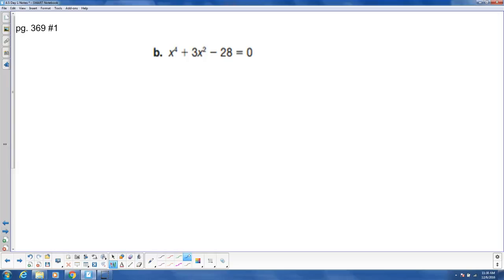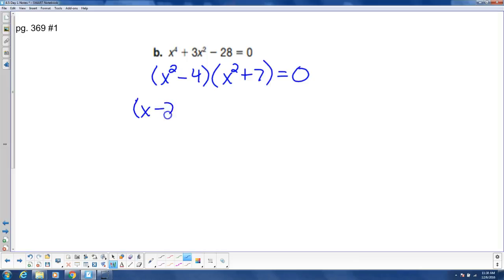All right. So this one factors to be what? X squared minus 4 and x squared plus 7. Can I go any further with my factoring? Yes. What can I go to? X minus 2, x plus 2, and then x squared plus 7.